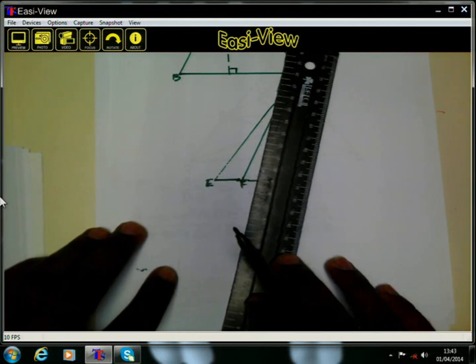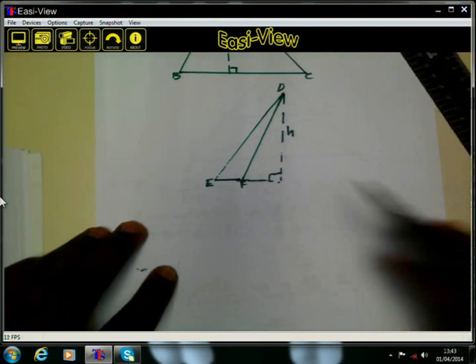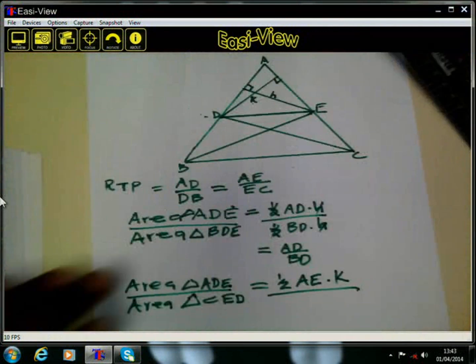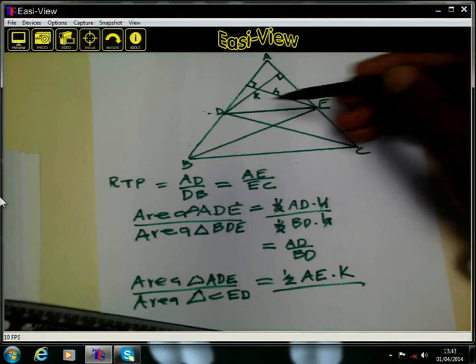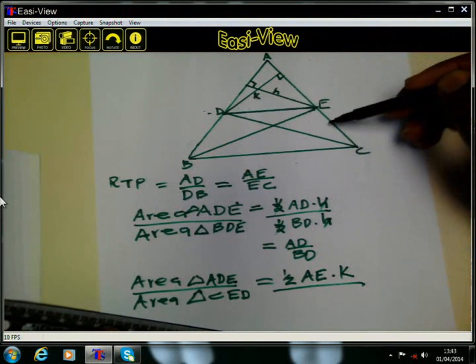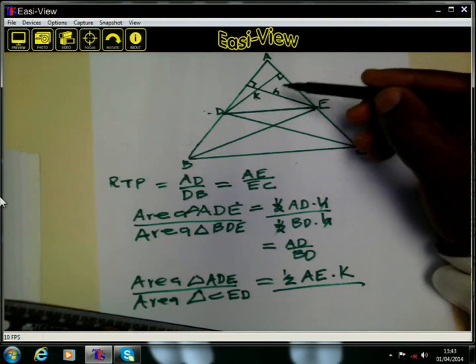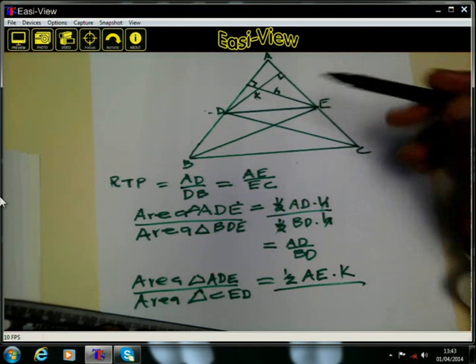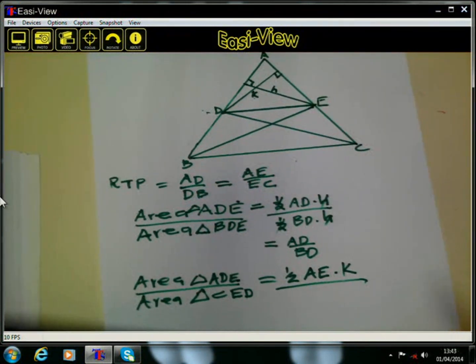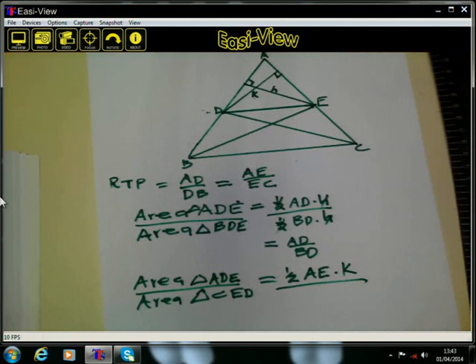You'll have to take it outside. So with CED, we cannot have the perpendicular height here. Rather, the perpendicular height will be outside, and it will also be referred to as K in this case.